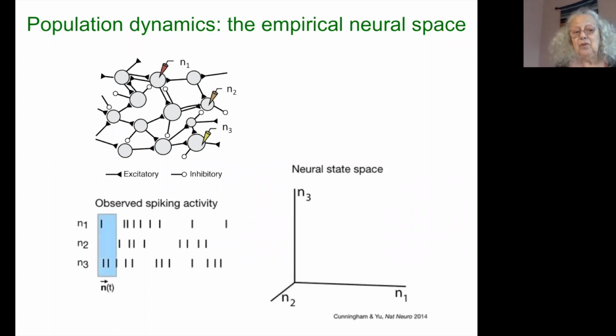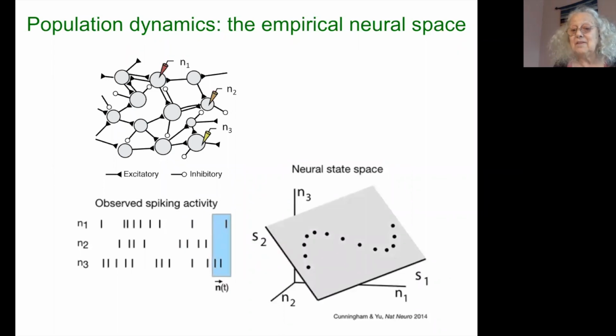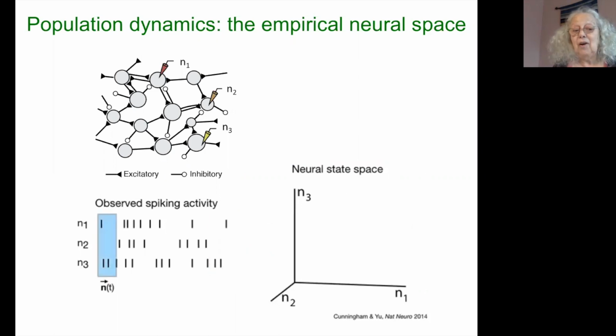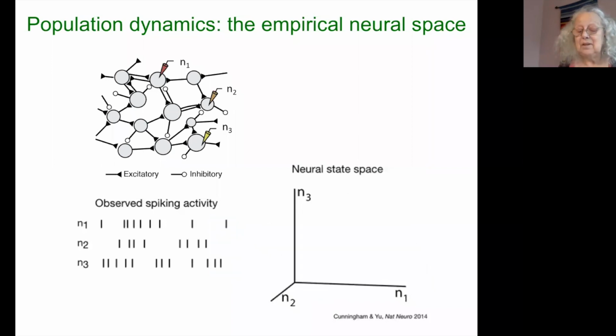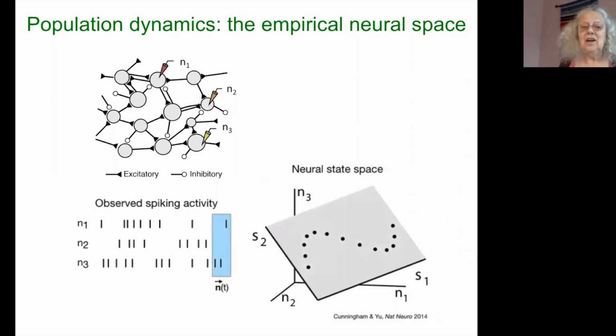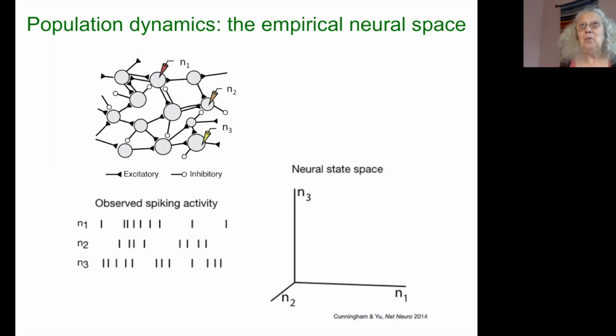But when we follow these points as a function of time, we see that the trajectory doesn't fill the full three-dimensional neural space, but remains confined to a low-dimensional manifold, in this case a two-dimensional hyperplane. This is the idea of dimensionality reduction, and the idea that the population dynamics is actually constrained to a low-dimensional manifold within the very large empirical neural space, which is, of course, nothing but our poor attempt at capturing a very, very, very large actual neural space.